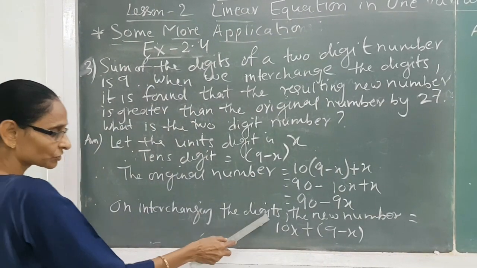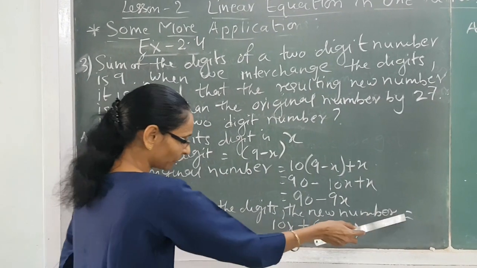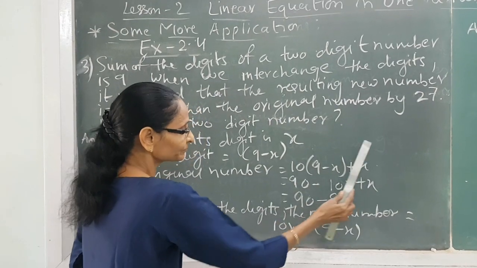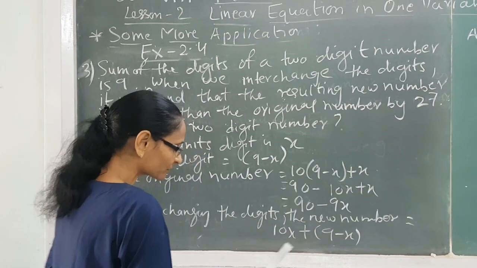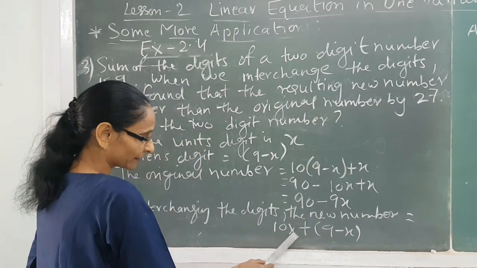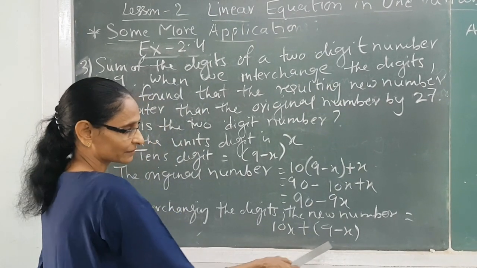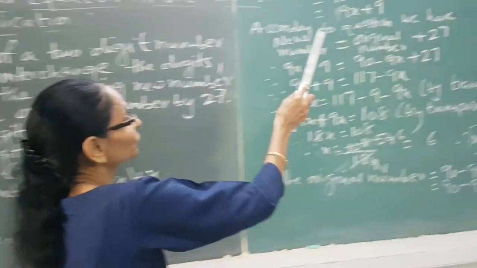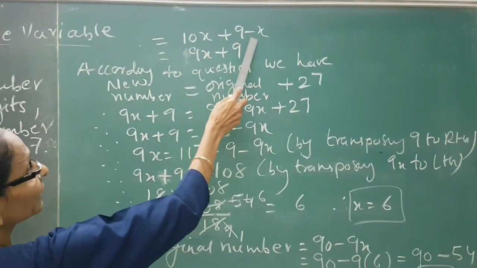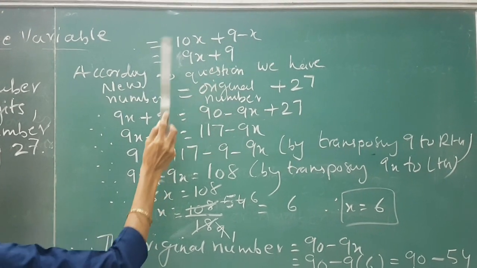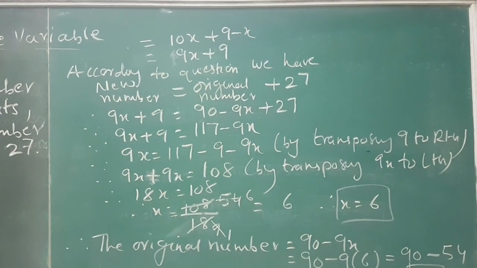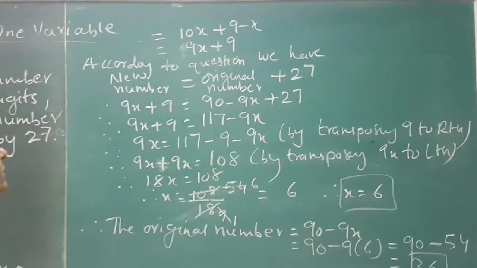On interchanging the digits, the new number is, now we are interchanging it. Ones place will become tens place and tens place will become ones place. Therefore 10x plus 9 minus x, 10x minus x is 9x plus 9. This is our number formed after interchanging the digits.